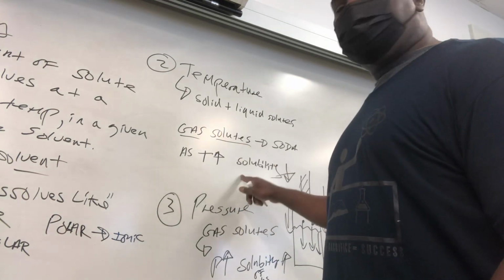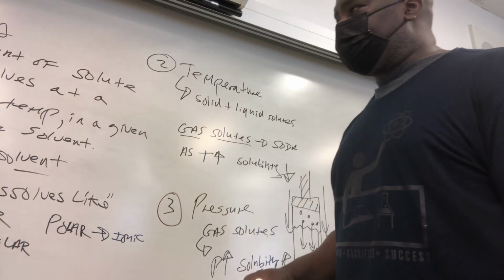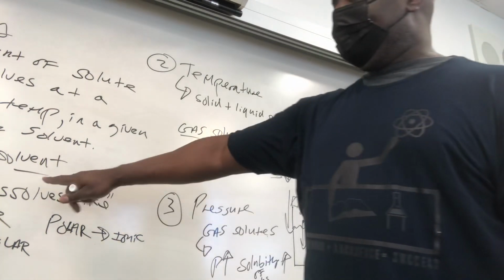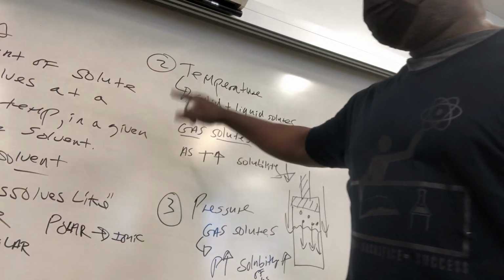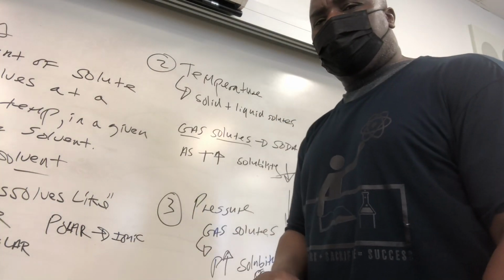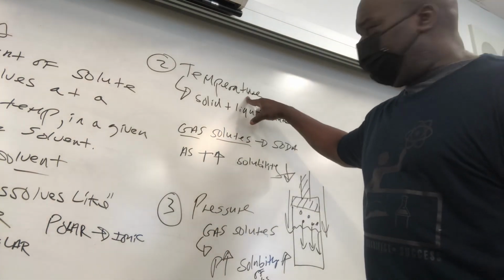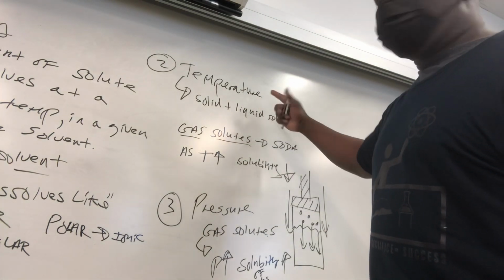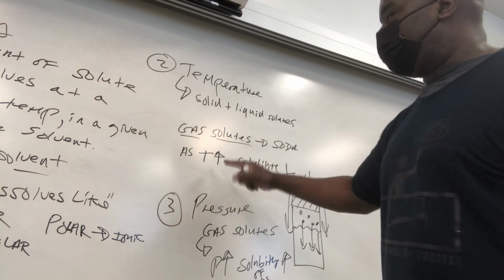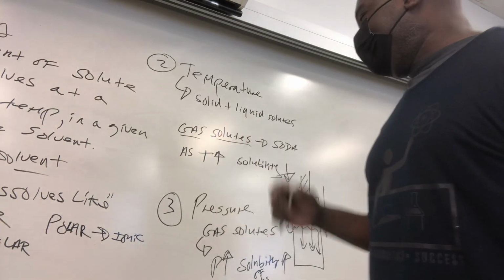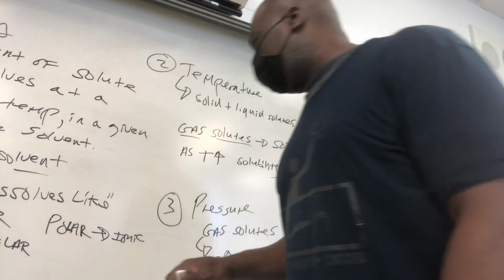Temperature and solubility have an inverse relationship, okay? So one of the 3 main factors that affect solubility, once again, is the nature of the solvent, whether it's polar or non-polar, so remember your SNAP rule. Got to know temperature. Temperature is pretty much straightforward, but you've got to be careful when you're dealing with gas solids. I saw this memory device someplace, and I'll give it to you.